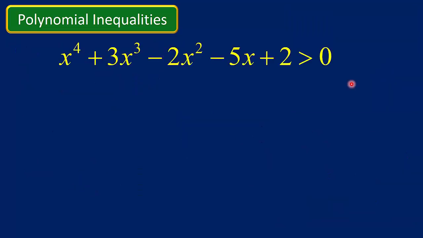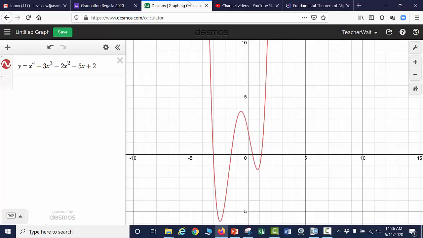Okay, now let's suppose we've got something like this, and this one is different from the others because we can't readily see what the x-intercepts are, and it might be difficult for us to find them. So what we can do is solve this one just using this graphing method that we looked at before. So let's check that out.